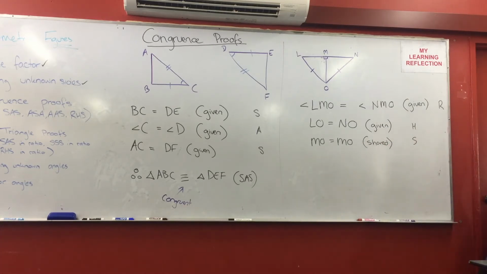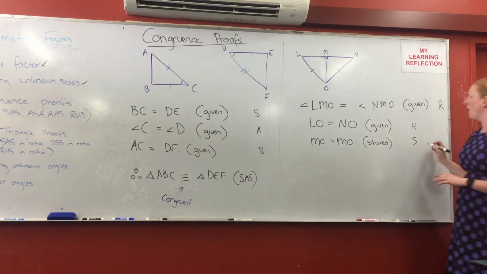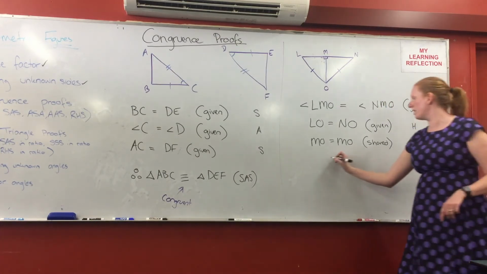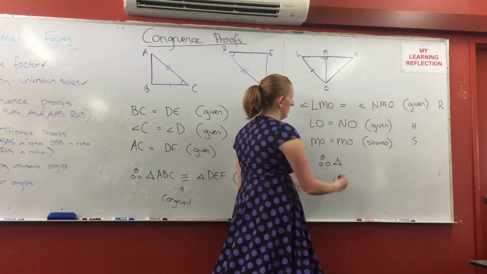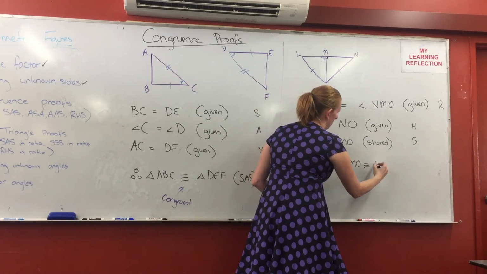Sometimes they use the word common. Common just means shared. You don't get marked down if you don't say common, but if you ever come across a question where it says, what is the common side? It's just another word for shared. Okay, what am I missing? Conclusion. Therefore, great, I need my concluding statement. Therefore, triangle LMO is congruent to NMO.